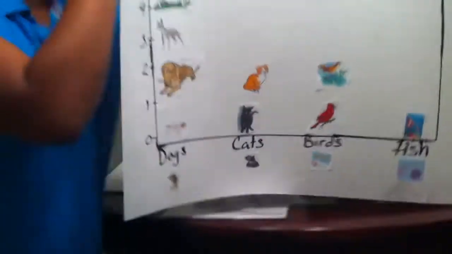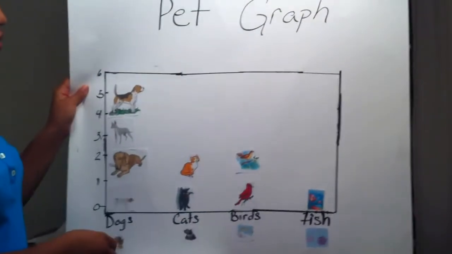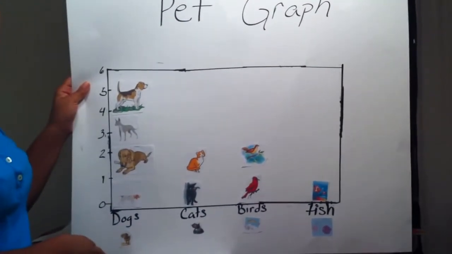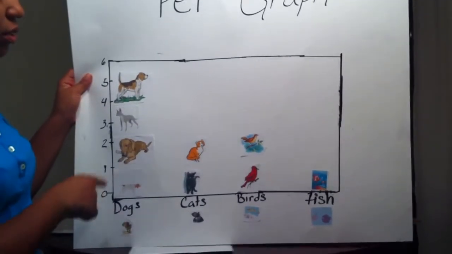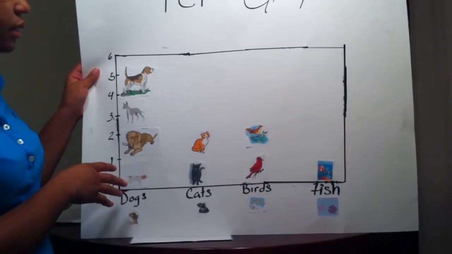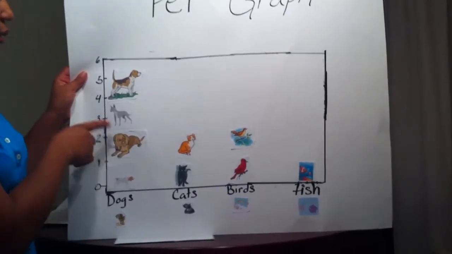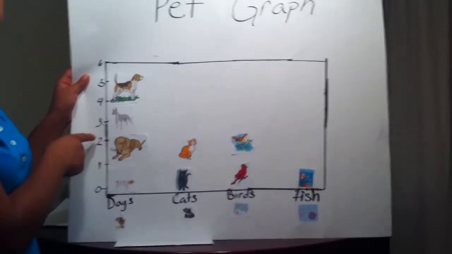The next activity will be pet graphing. And you will ask your students what pets they like. And you will let the students have stickers, or you can have them cut out their favorite pictures out of magazines of their favorite pets. And then we allow them to stick it on the graph.